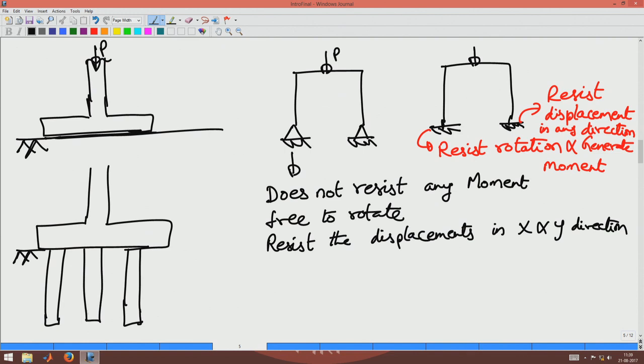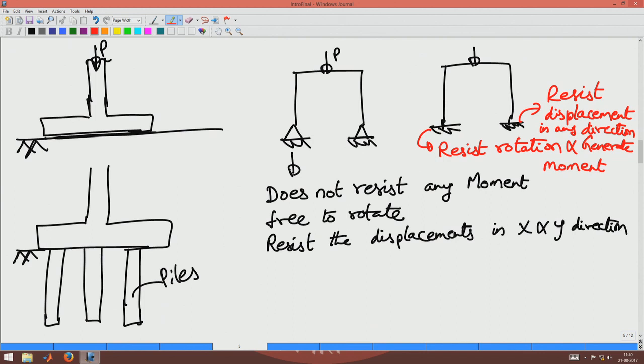Okay. These are called piles, which go down beneath the ground, and there are these two possibilities of foundations. Now, which foundation will be idealized as a hinge foundation, and which one will be idealized as a fixed foundation? That is the question. That depends upon how the foundation has been designed.